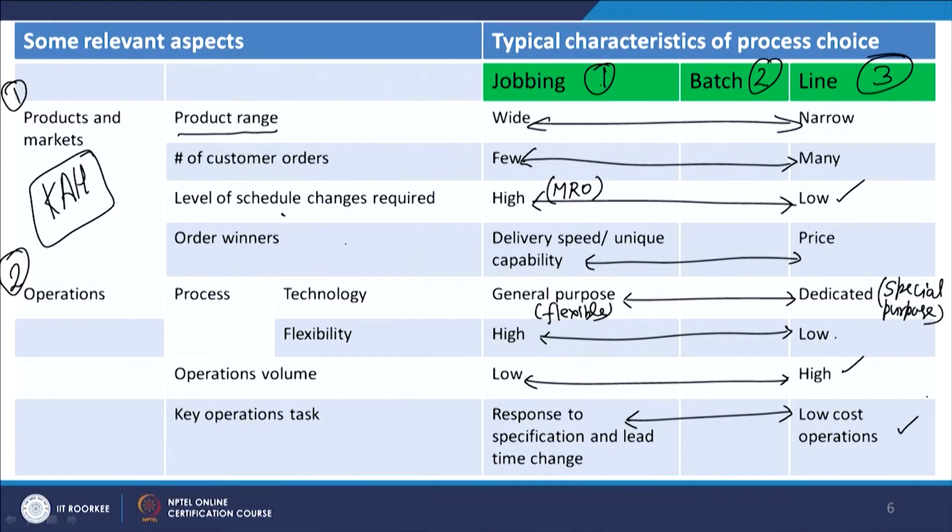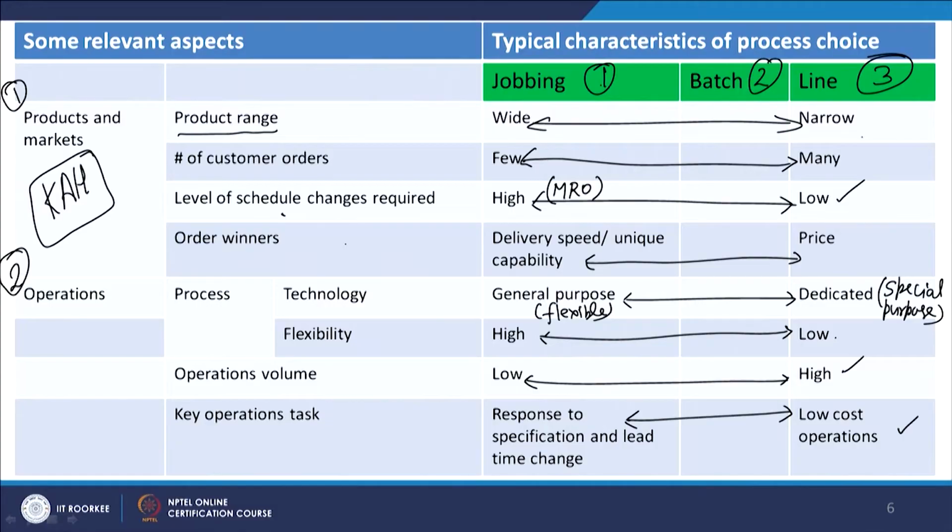That is another extreme. And obviously, when I am drawing all these two-sided arrows, the purpose is to emphasize that these are the extremes and you can have any position in between also.